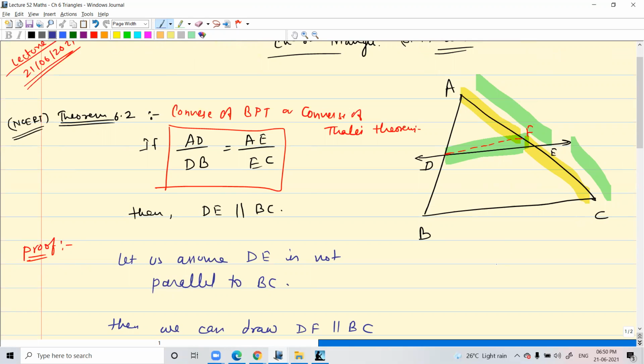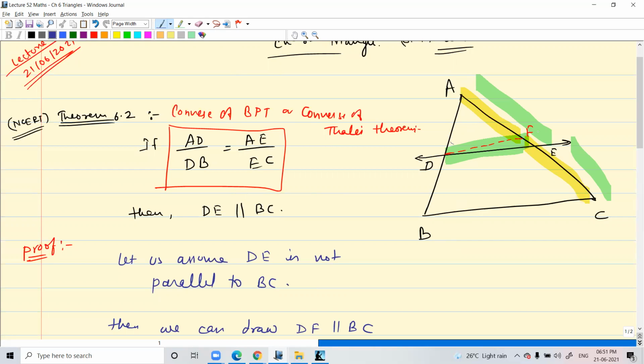Is everyone able to understand that concept? Yes, sir. Okay, very good. What about other people? I'm saying that EC is equal to CF. So that's possible only when F and E have to be in the same point, no?